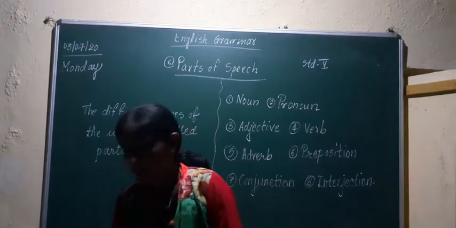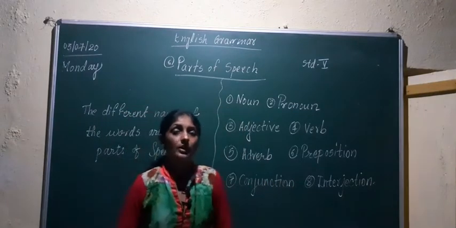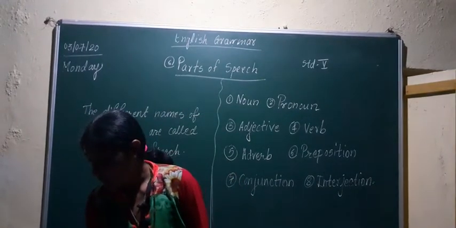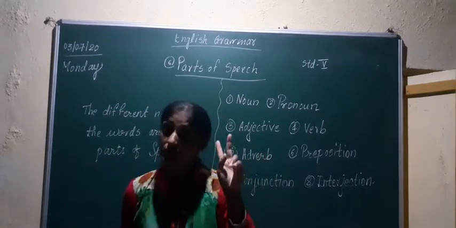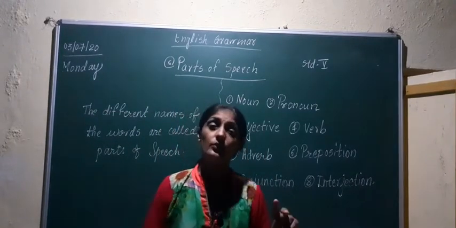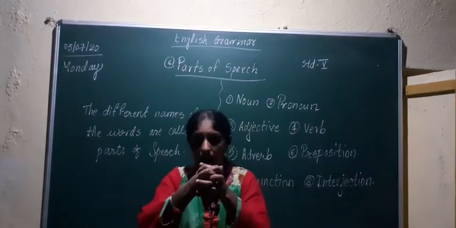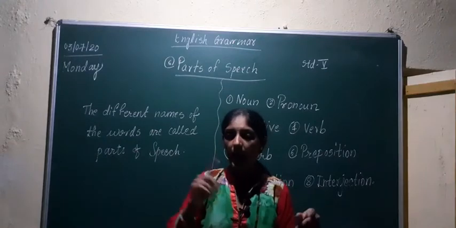The next part of speech is conjunction. A conjunction is a word which joins 2 words or 2 sentences. Conjunctions are those words which join 2 words, for example and, he and she.